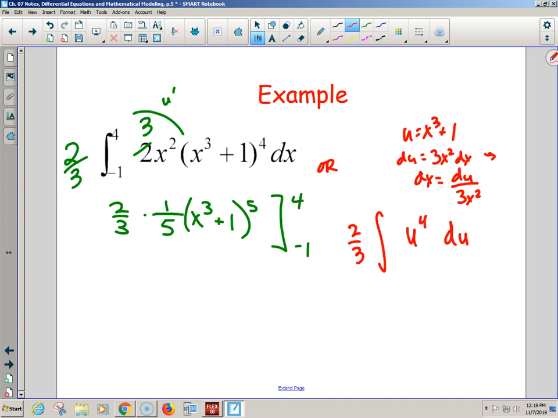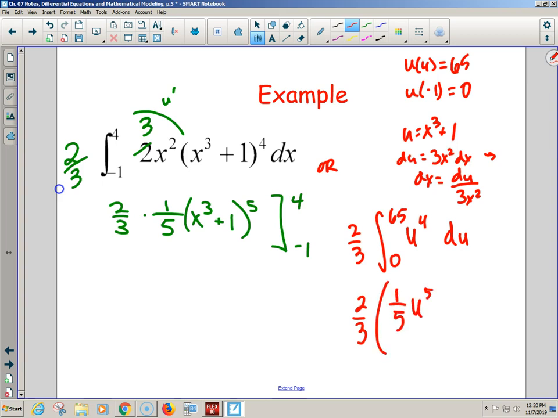What would my new bounds be? I know the top is 65, because you're doing u of the top and u of the bottom for the new top and the new bottom, right? So 64 plus 1 is 65, and negative 1 plus 1 is? So you could just do 2/3 times 1/5 u to the 5th.